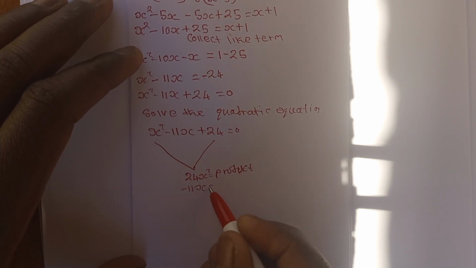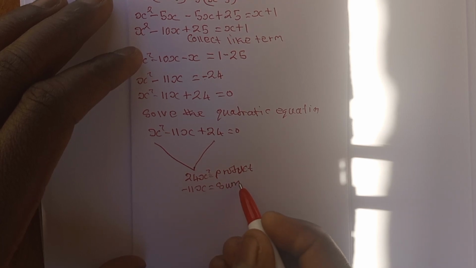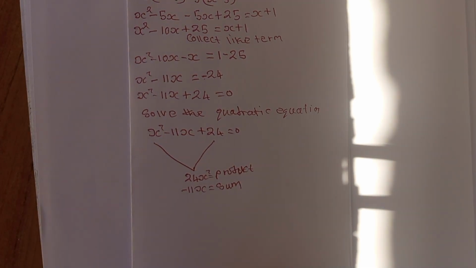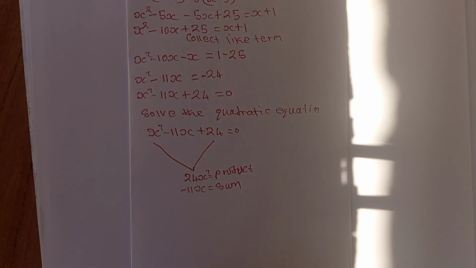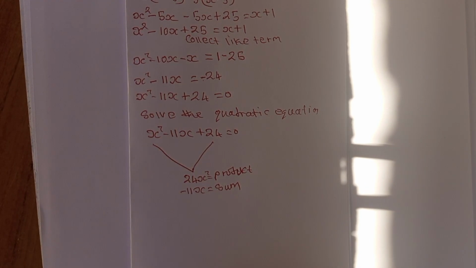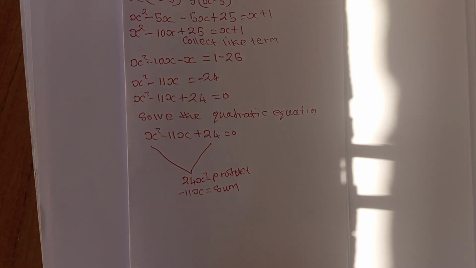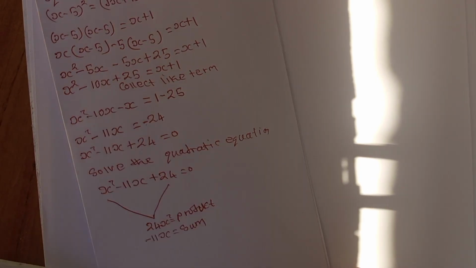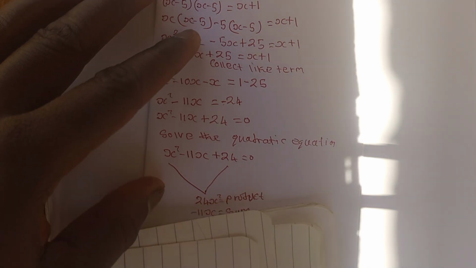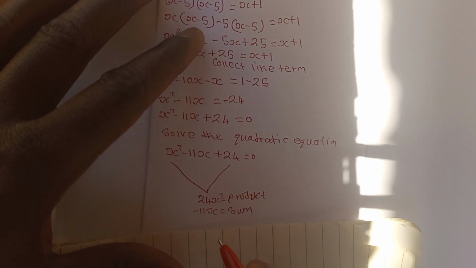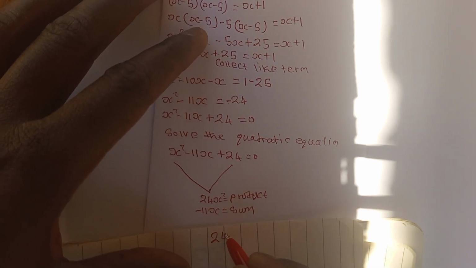Minus 11x is the sum. Now we are going to look for two factors. These two factors, if you multiply them, you're supposed to have 24. If you add them, you're supposed to have 11. Now let us find the factors of 24.